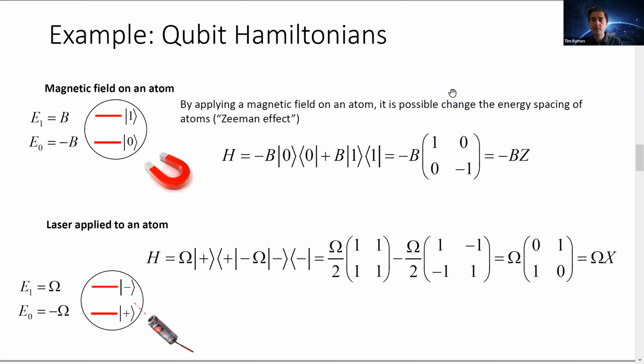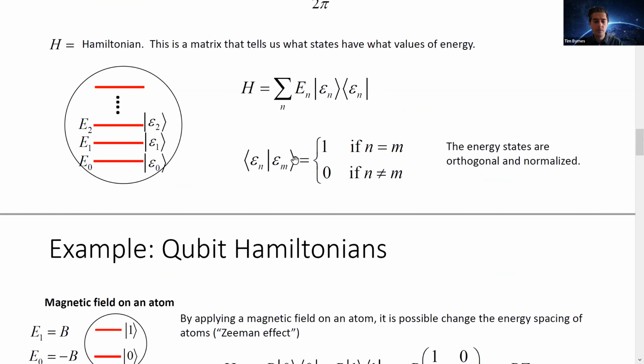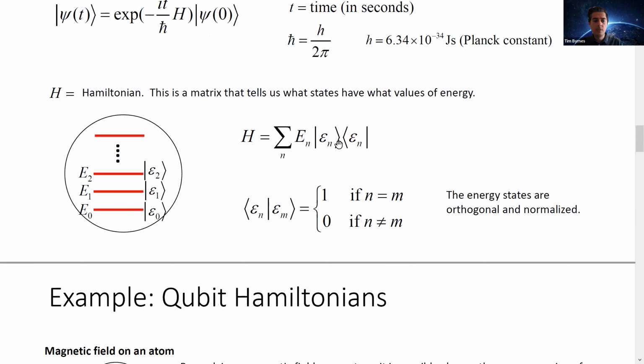So if we follow the general form on the previous slide, the Hamiltonian says this state has this energy, and then you form a matrix that looks like this. Whatever that energy is, that's the number that sits out in front of the outer product of these two states.